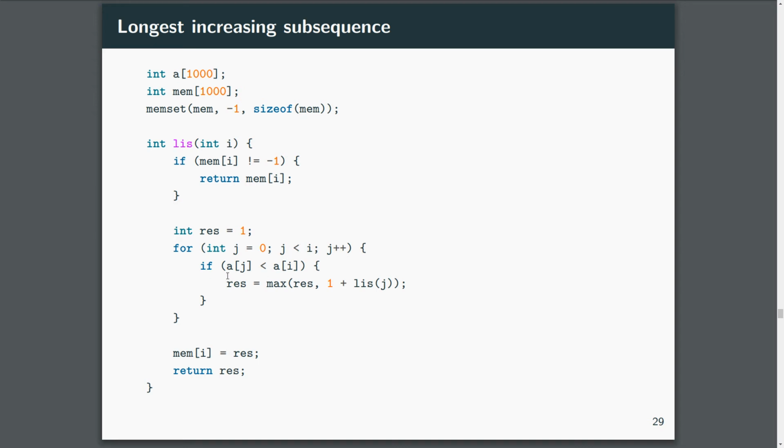We check if the value at index j is less than the value at index i. If it is, we can extend that subsequence. We take the longest increasing subsequence at index j, add our value to it, so it extends the sequence by 1, and take the maximum of our previous answer and the new answer. Then store it as a result.